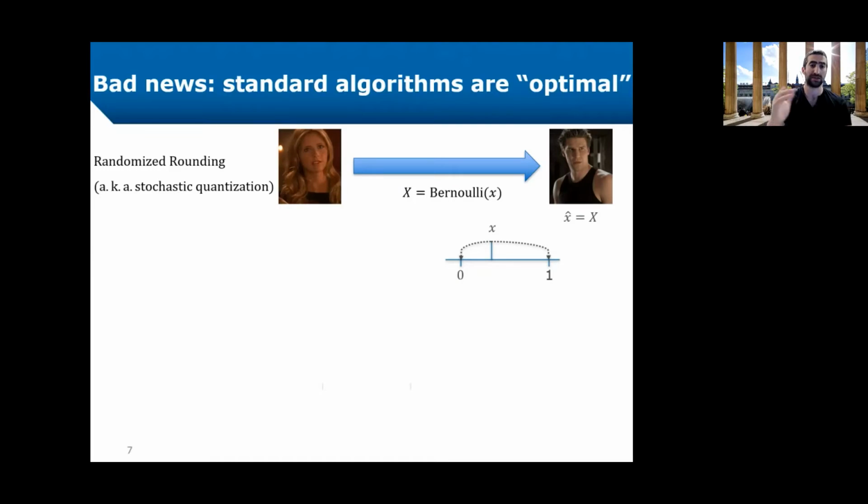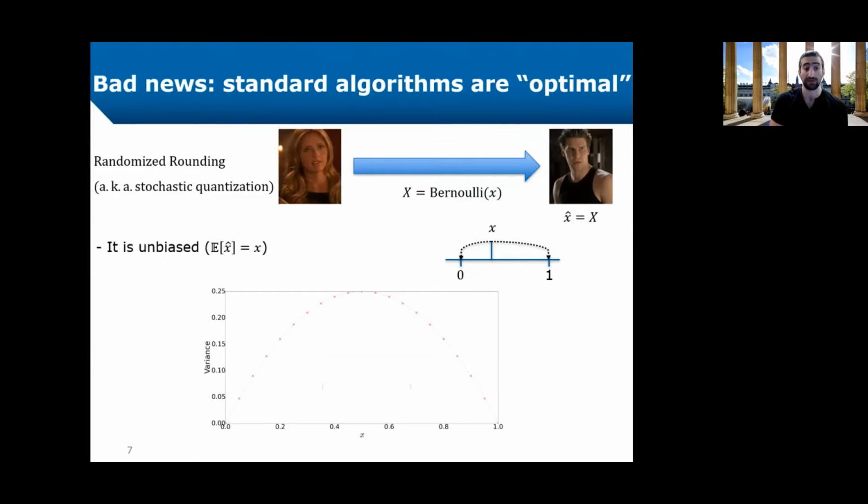Buffy will just send a Bernoulli random variable with mean small x, and Angel will estimate x as the message capital X. So basically rounding things to either 0 or 1 in an unbiased manner. This is what the variance looks like for this algorithm as a function of the input x. We said we care about the worst case, so the worst case is when x equals 1/2, where we get a variance of 1/4.